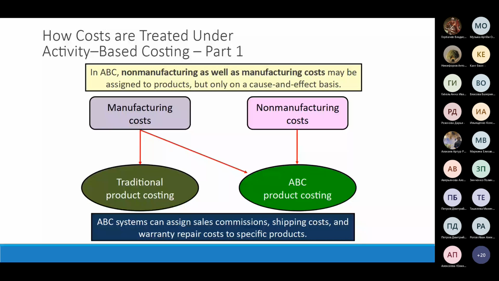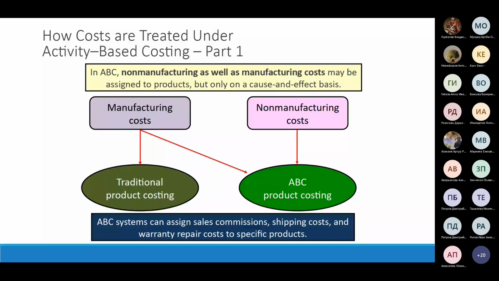For example, if we know exactly that sales commission paid to a specified sales manager is really necessary to sell the automobile, which is a very expensive item, we can include this salesman commission in a non-manufacturing cost assigned to a specific product.